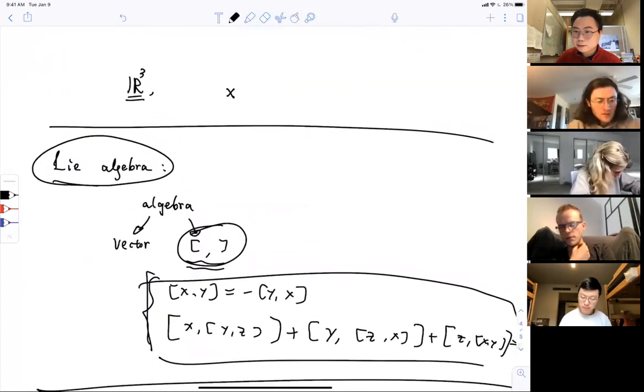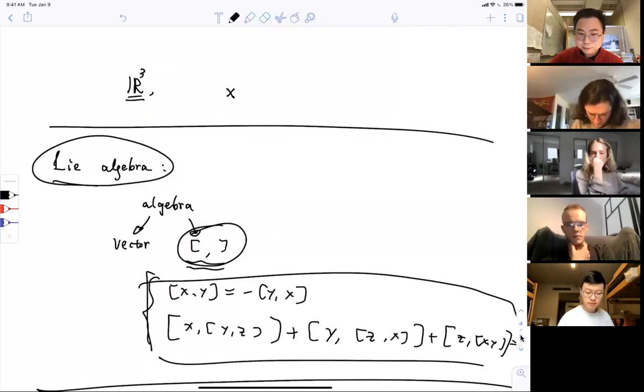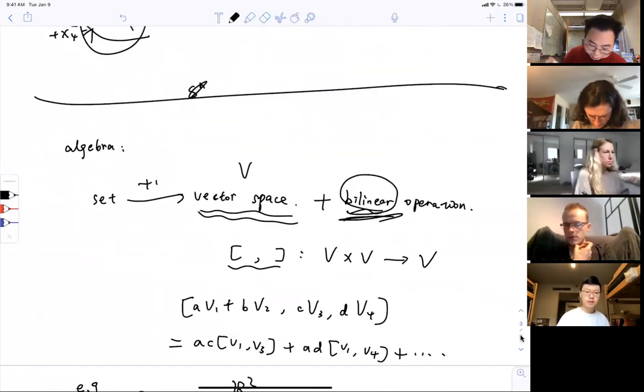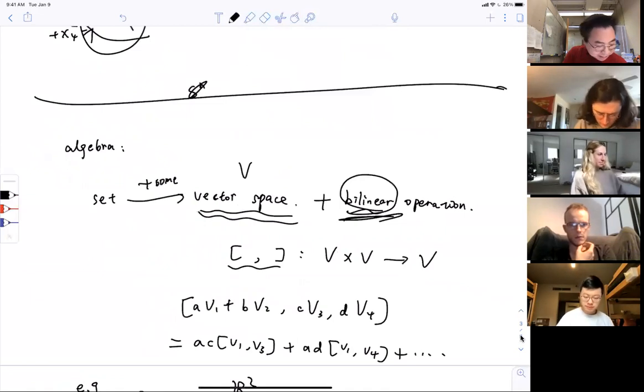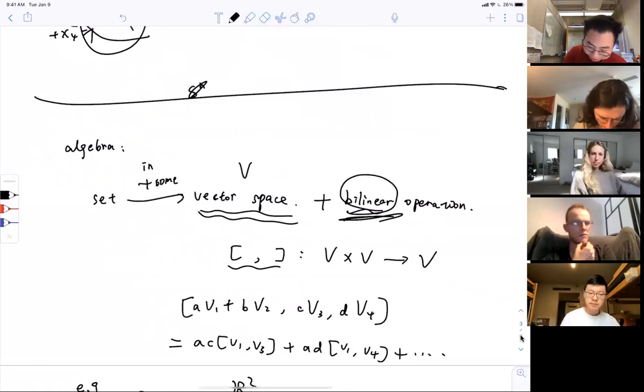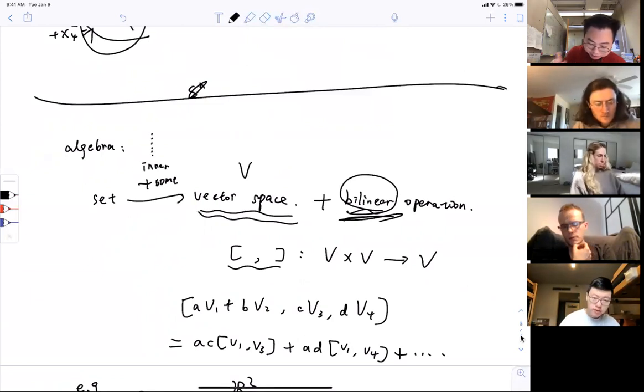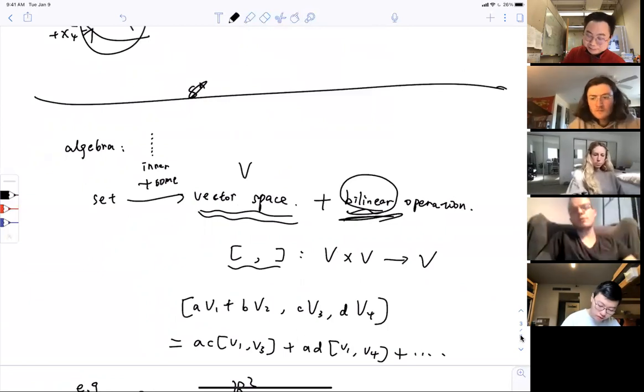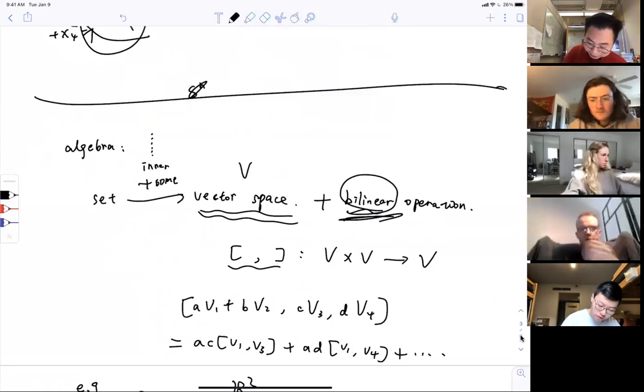Can I ask one quick question? What was it that you said you add to a set to get a vector space? Oh, add some structure. Like add in an inner product, I guess. There are many rules to make a set a vector space, right? Yeah.